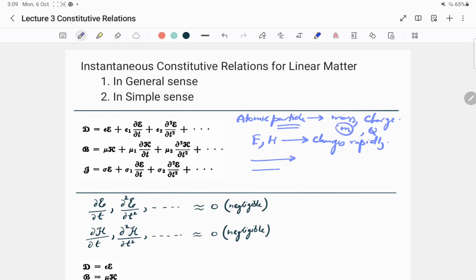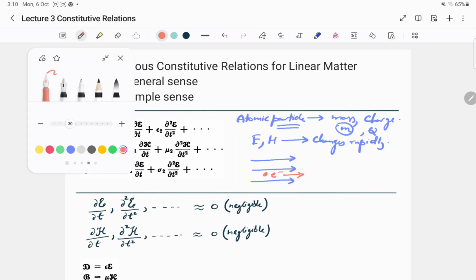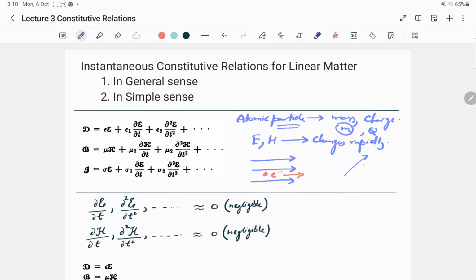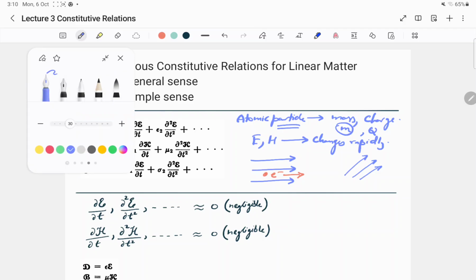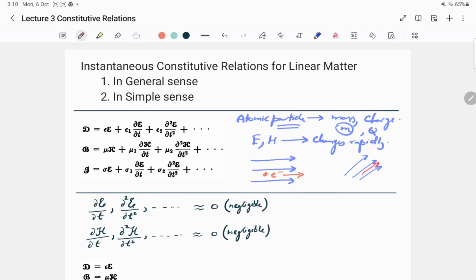Suppose we have an electric field in this direction and an electron over here, moving in this direction, and suddenly the direction of the electric field changes. Because of the mass of this electron, it will take some time to move in this direction.